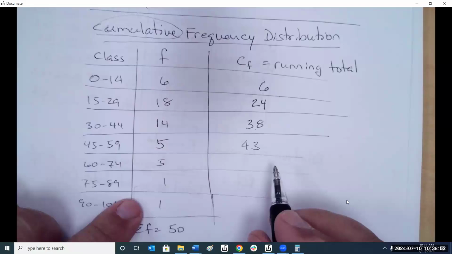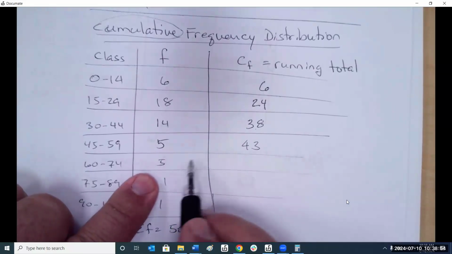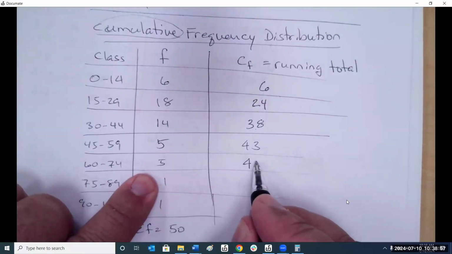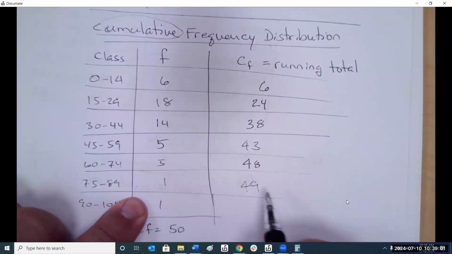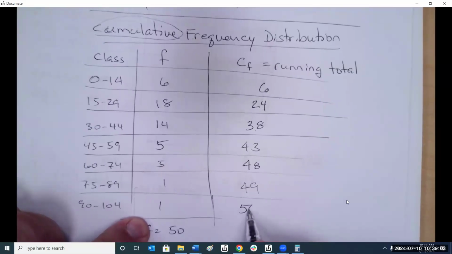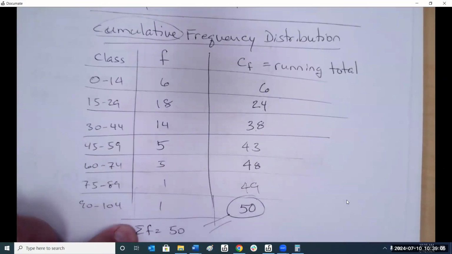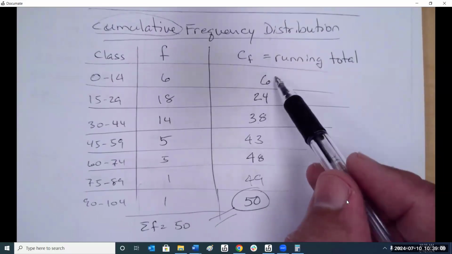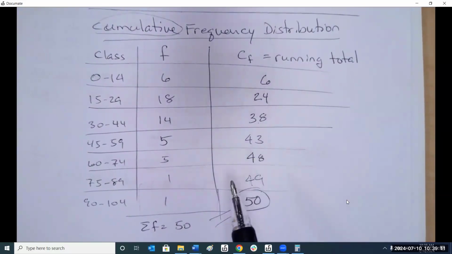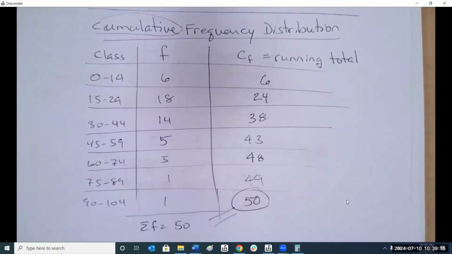We get 43. These 43 pick up 5 more. These 48 pick up 1 more. And these 49 pick up 1 more. So the cumulative frequency is just that. It's a running total of each class. As we go down, we get the number of pieces of data up to this point.